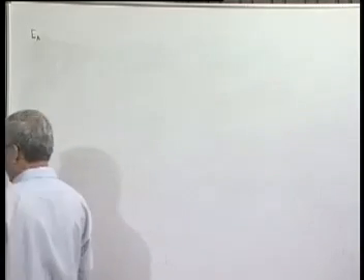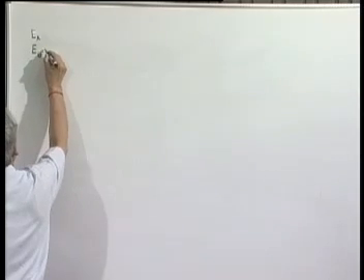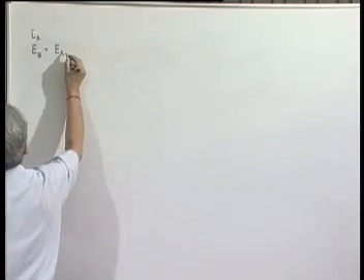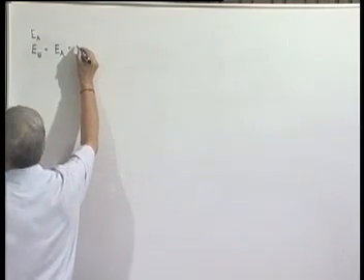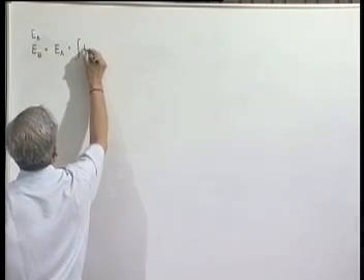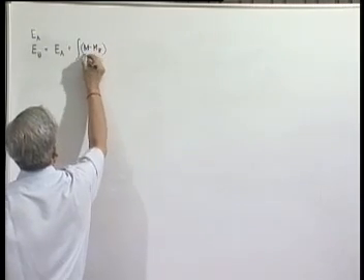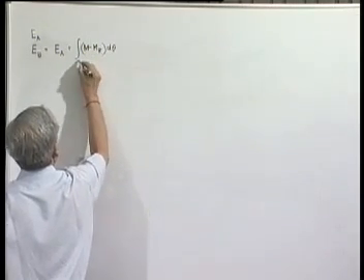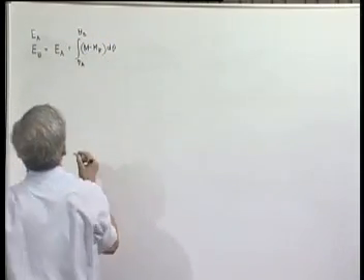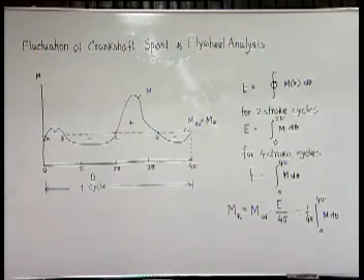So at point B, the energy will be whatever energy we had at point A plus the energy added, the integral of m minus mr d theta from theta A to theta B. This is the amount of energy which is added in that first lobe, which is indicated as plus.